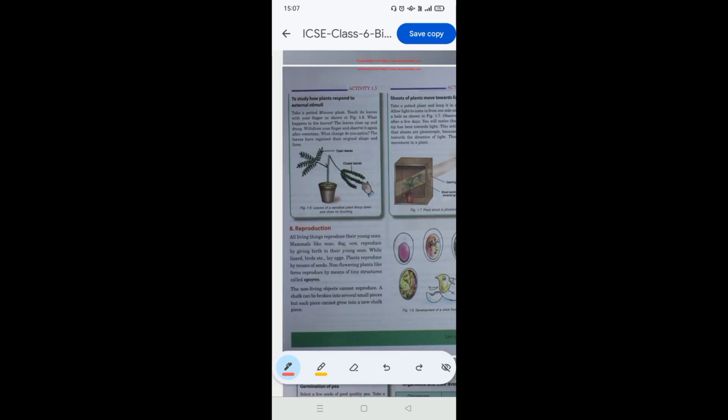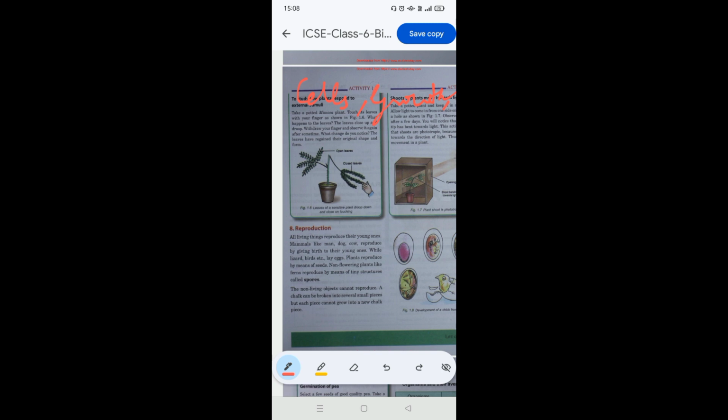So, till now we have studied seven characteristics of living organisms. First, they are composed of cells, and second is growth, and growth takes place from inside.